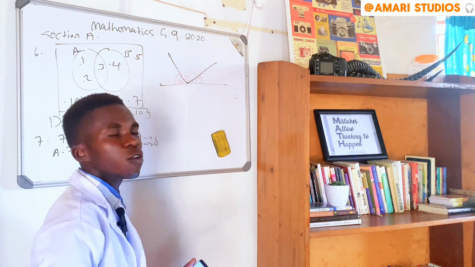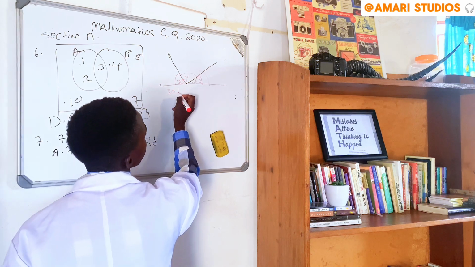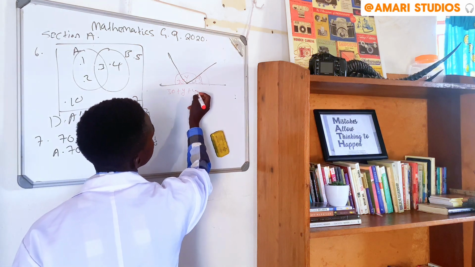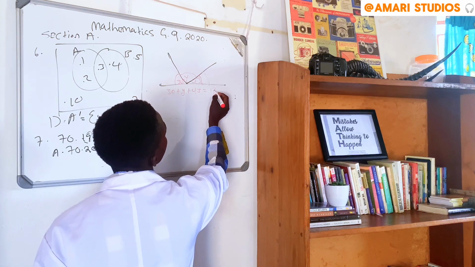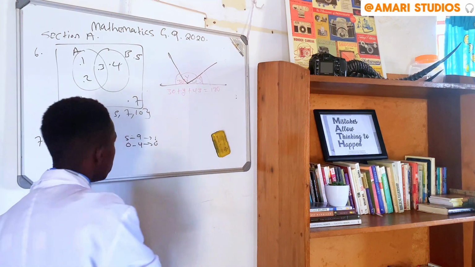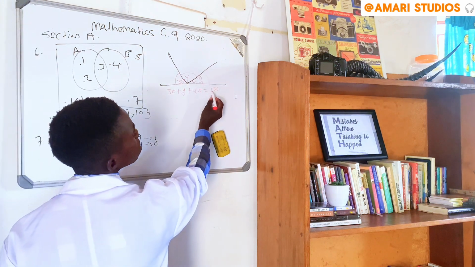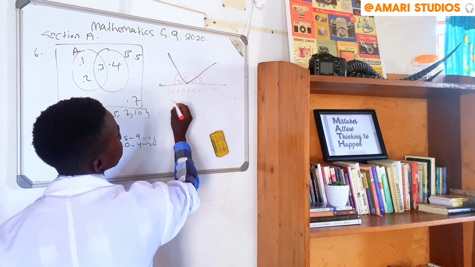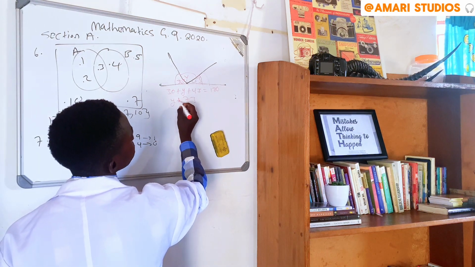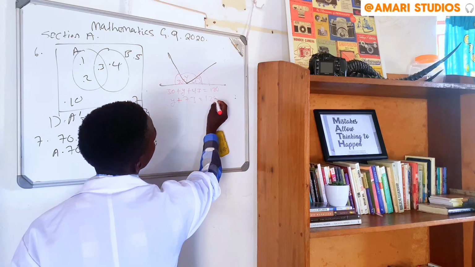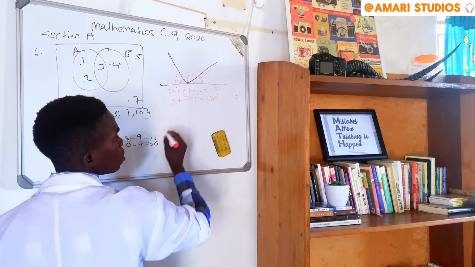So this will be 30 plus Y plus 43 equals 180 degrees. Let's add the numbers. Y plus 30 plus 43, it will give us 73, equals 180 degrees. Then now, collection of like terms.